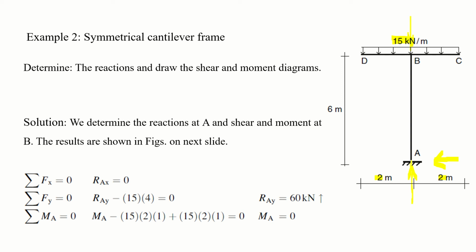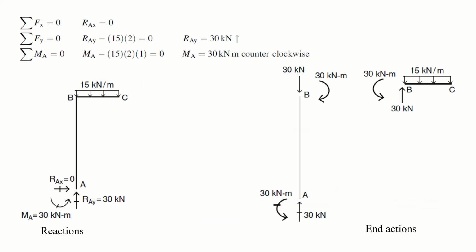So this is a fixed support and it resists horizontal forces, vertical forces, and bending moment, right? So what will be the amount of bending moment? Just like in the previous case, if you remember, this clockwise moment was resisted by this counterclockwise moment, right?